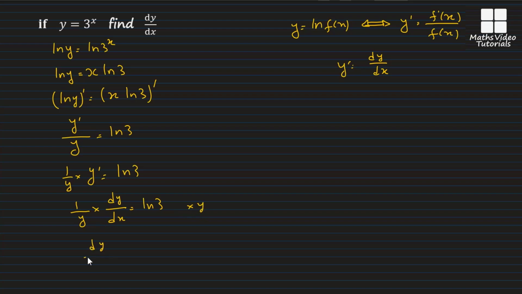So dy by dx is equal to y times ln 3, and therefore dy by dx, that's the solution, now we know y is 3 to the power x, so we substitute it there, times ln 3, and that is your answer.